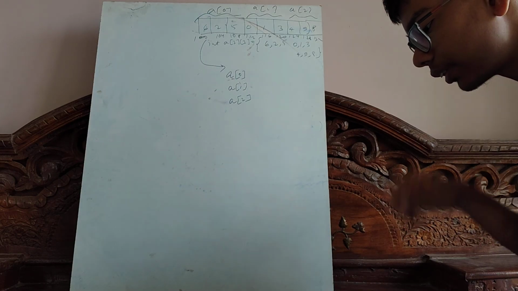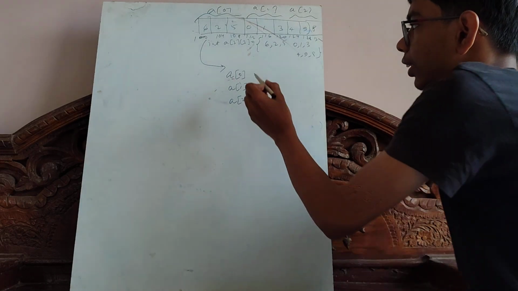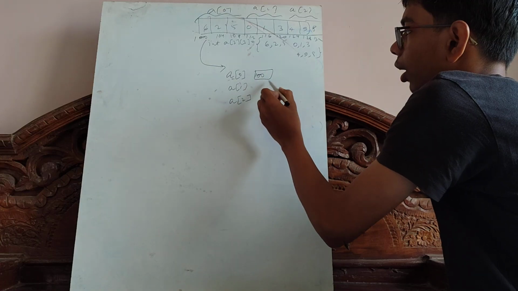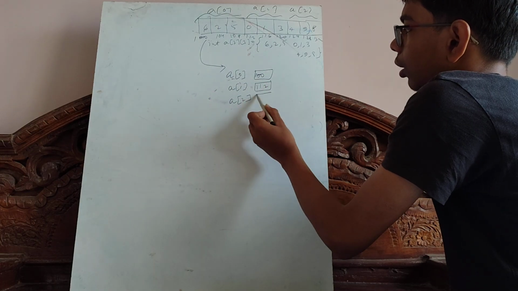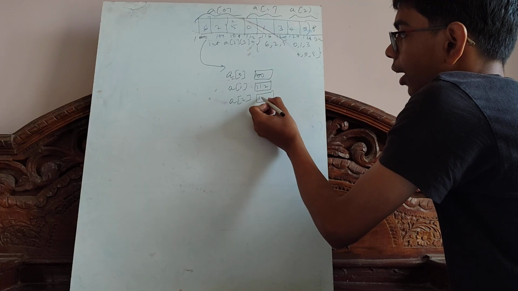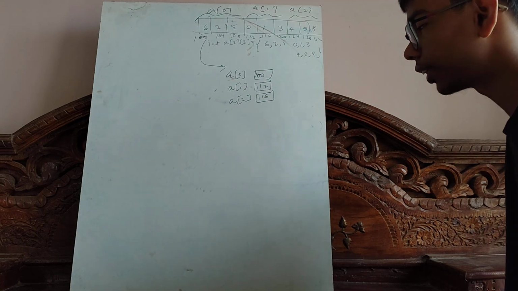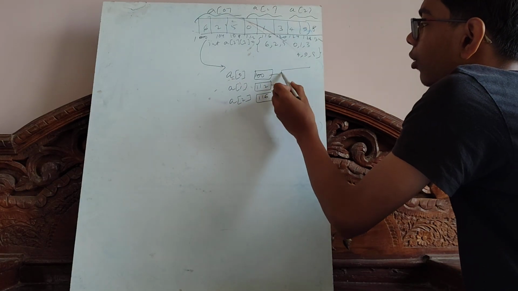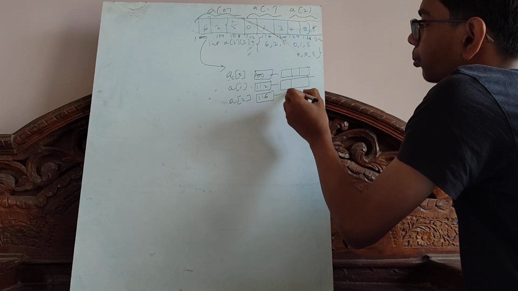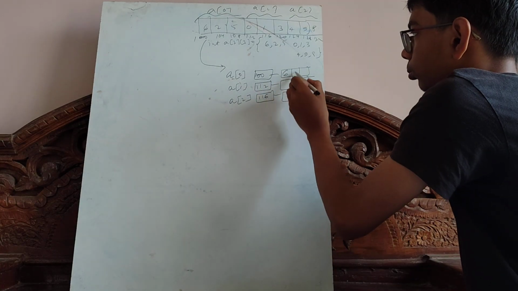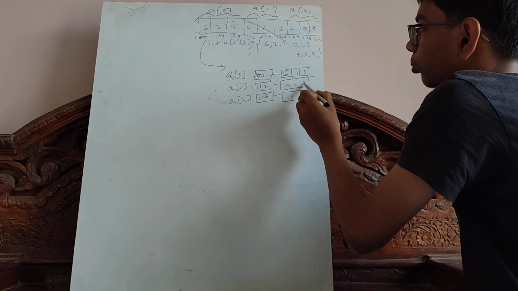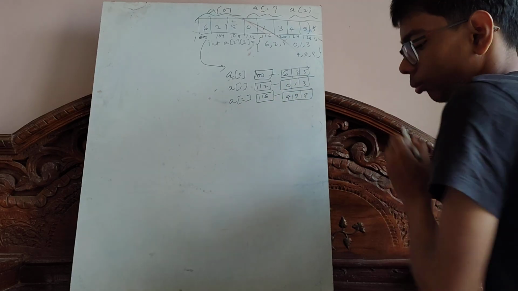So it can be represented as every array having its own base address, each and every array having their own different base addresses, and they have these values as their elements.